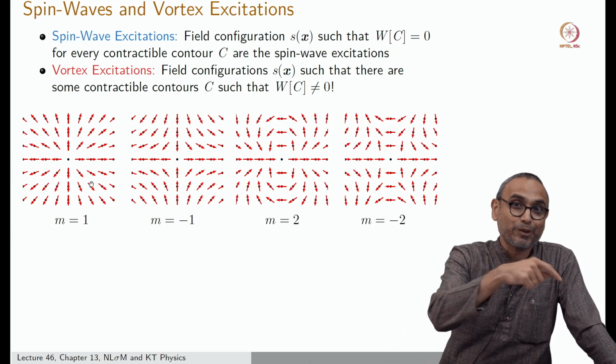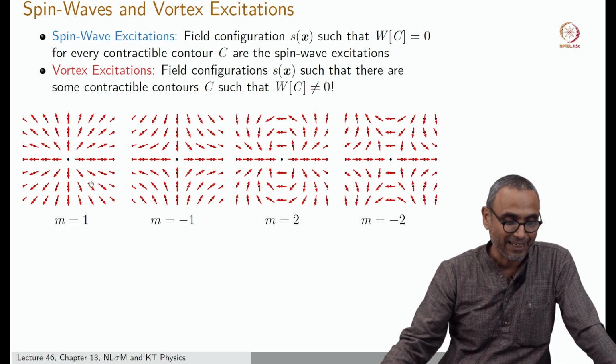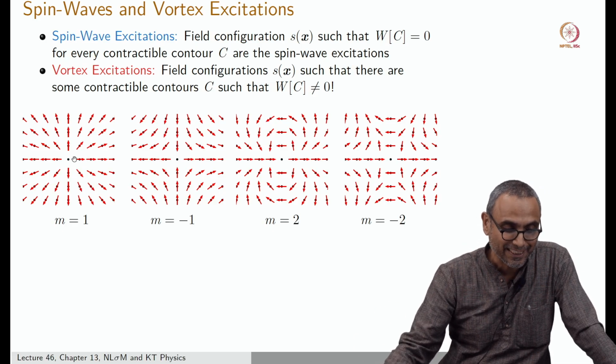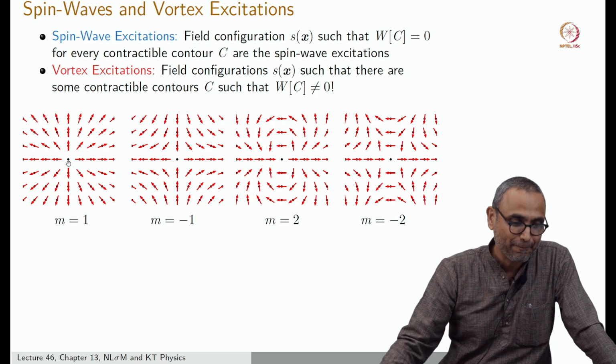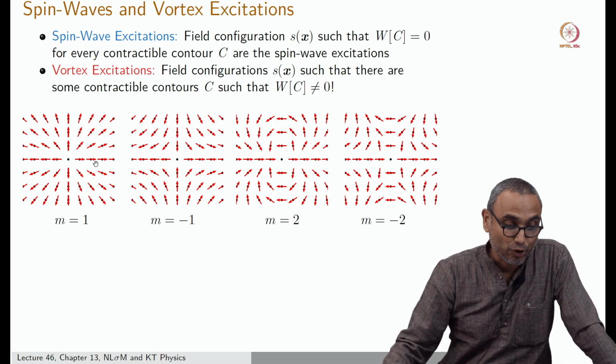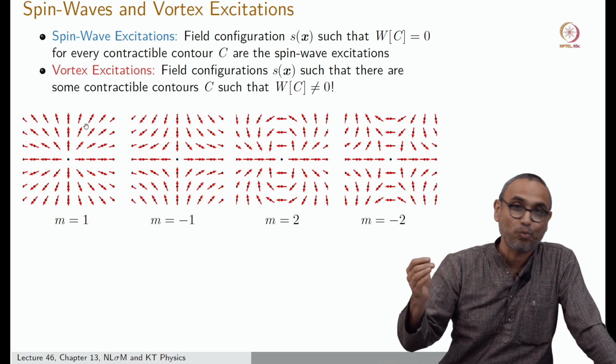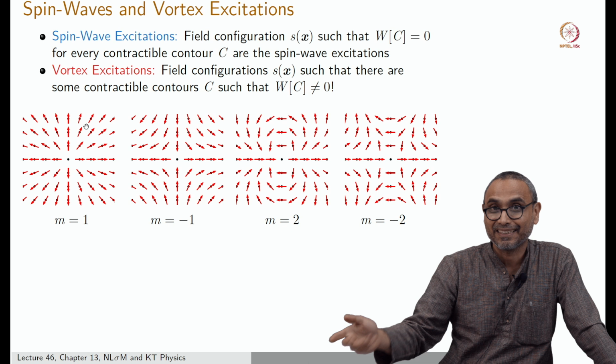Now if I do the process that I outlined, the contour, and if the contour encloses the origin, the vortex core as it's called, then I will see that the winding number is 1. So winding number will measure the vorticity. What is the argument that winding number is an integer?